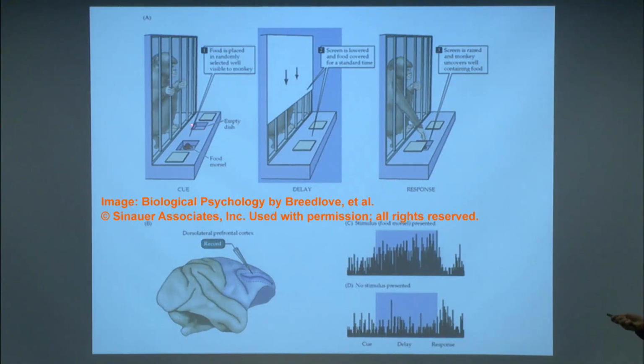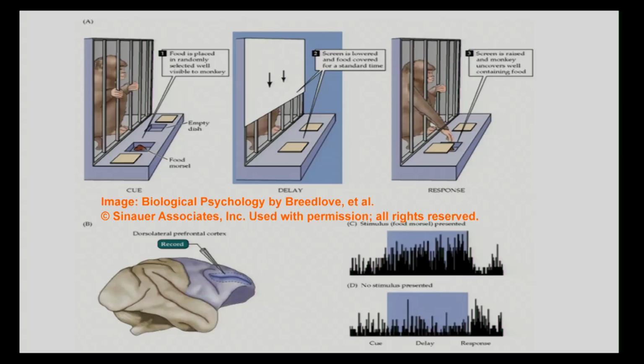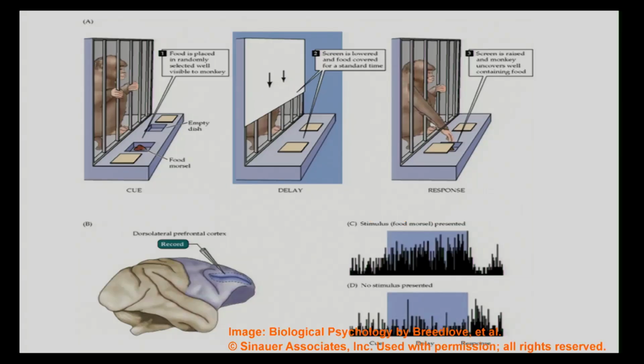So in a sense, the animal has seen the right side and the left side baited an equal number of times. He can't say which side is the most familiar. He really has to remember, on this trial, I have to remember right side, right side, right side. That working memory component is very critical.